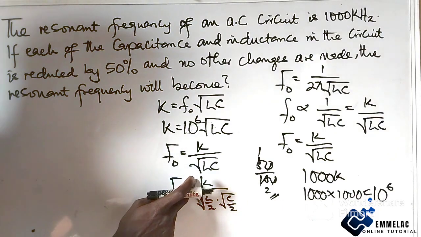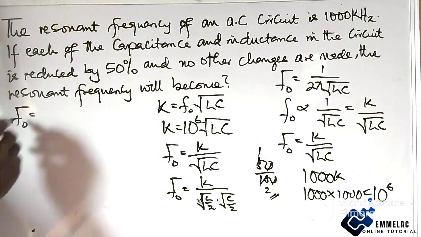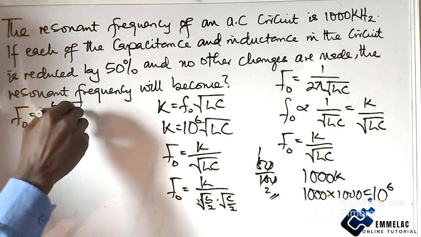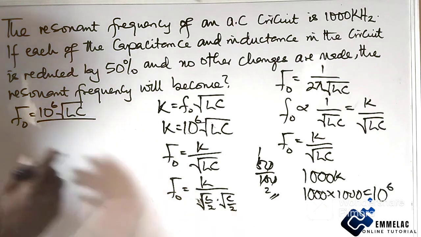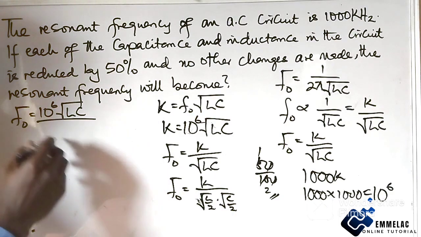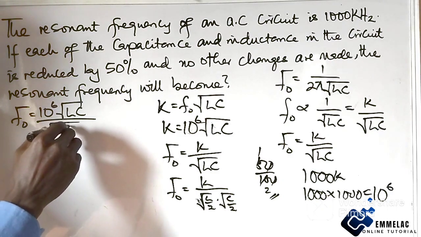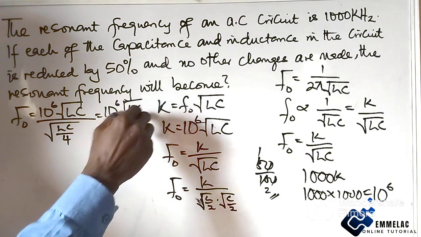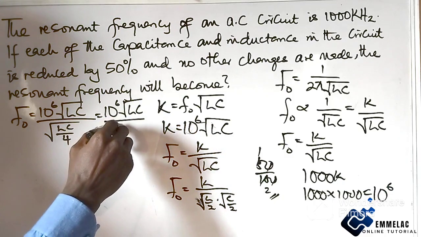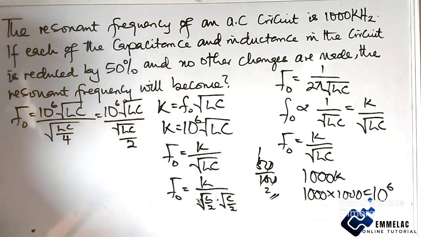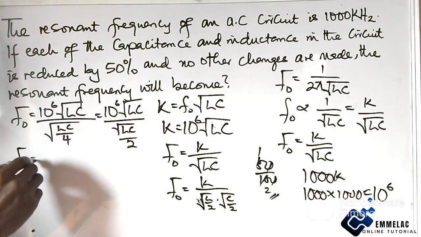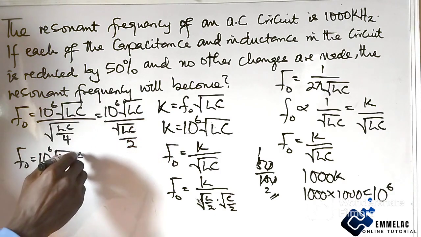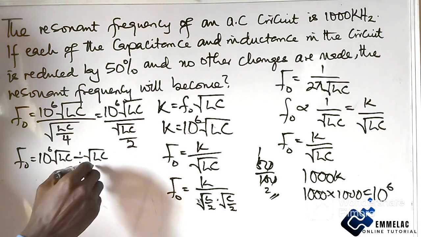Take note that our k is given as this. So our resultant frequency will be 10 raised to power 6 times the square root of LC, over the square root of LC over 4, which is the square root of LC over 2.